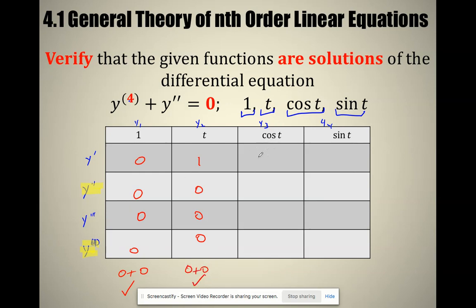Cosine, not too bad, right? Negative sine, negative cosine, sine, whoops, positive sine, and positive cosine. And I'm looking at the fourth derivative, which is cosine t, adding it to the second derivative, which is negative cosine t, checks out. How about this last one?